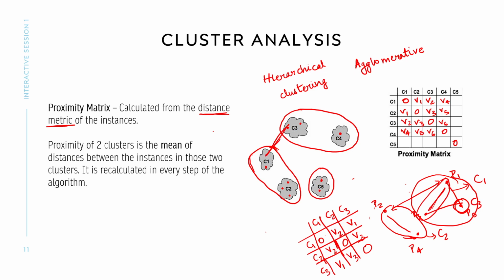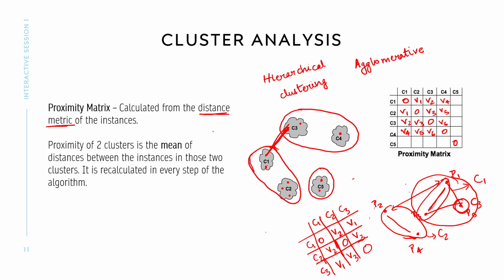Right? But for the next step, this is my big cluster and this is my big cluster. This big cluster has 1, 2, 3, 4, 5 points, this big cluster has 1, 2, 3 points, right? So I will need to calculate all of these distances.